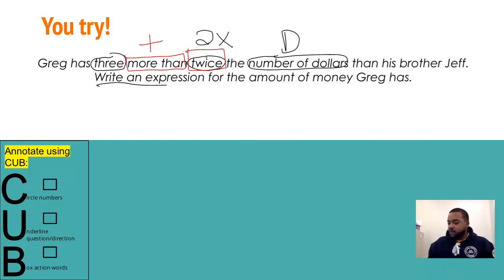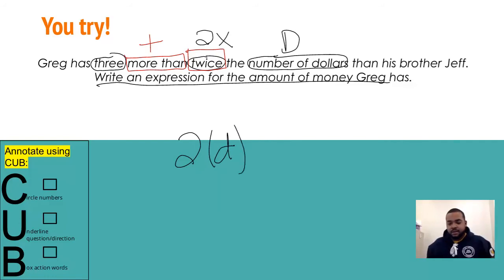So I want to write an expression for the amount of money Greg has. Greg has 3 more than twice the number of dollars than his brother. So I want to multiply something times 2, and I want to add 3 to something. What am I going to do it to? If D represents the number of dollars that Jeff has, I need to multiply 2 times how many dollars Jeff has, because Greg has twice as much as that.